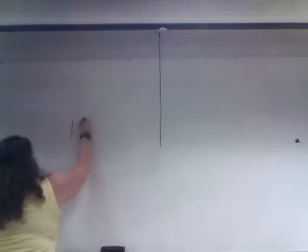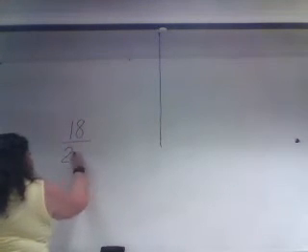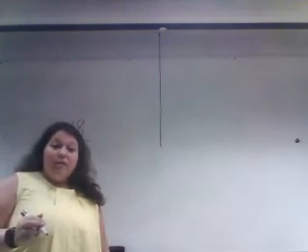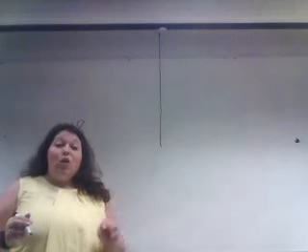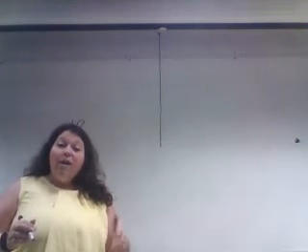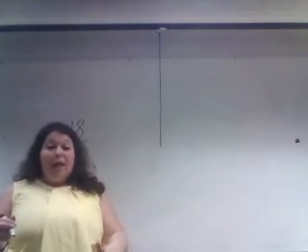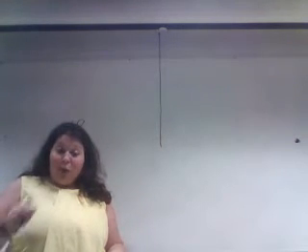That's fine. I'm going to do it in smaller steps. Just because these are bigger numbers does not mean that you have to get worried. So we're going to do 18/20ths. I would like you to hit pause and try and reduce this yourself. And then when you hit play, I'm going to work this out for you. Okay? All right, hit pause.